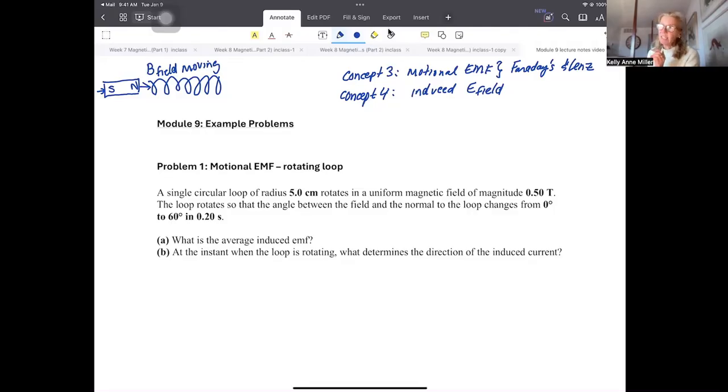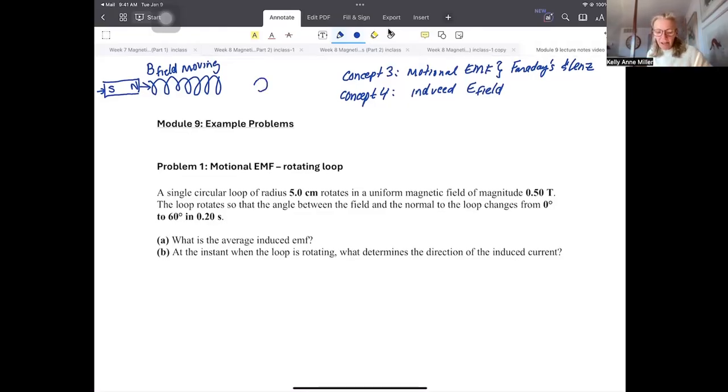Motional EMF is basically saying it doesn't have to be the magnet that is moving. It could be that the magnetic field is stationary and you're moving the coil relative to it. In fact, we saw an example like that at the end of the last video, right?